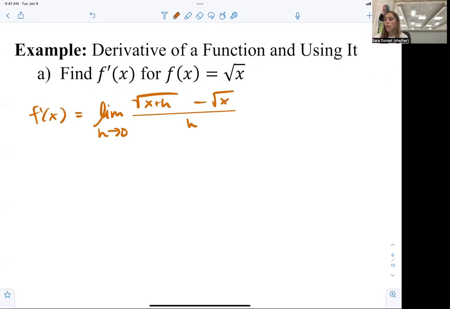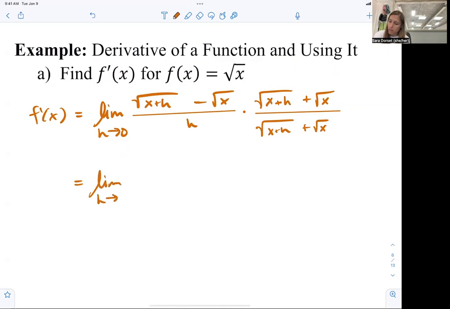So this is one where we would want to use retcon. So we want to rationalize the numerator to try and uncover that h that's going to cancel with the h in the denominator. So the square root of x plus h plus the square root of x over itself. So that would end up being x plus h minus x all over h times the square root of x plus h plus the square root of x. Don't forget that denominator.